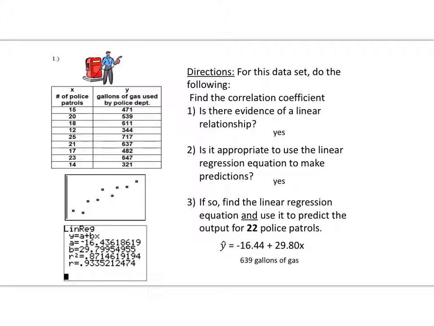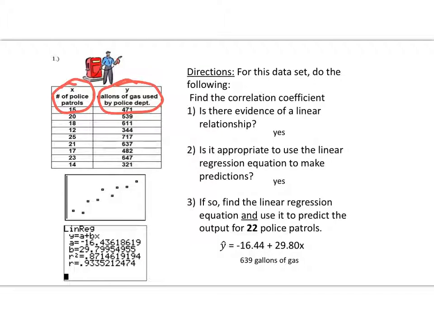So what we're looking at here is we have two variables defined. In this case, we have the number of police patrols and the number of gallons used by the police department. And our question is, are those two variables related?